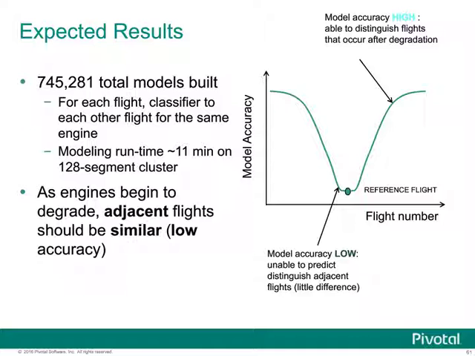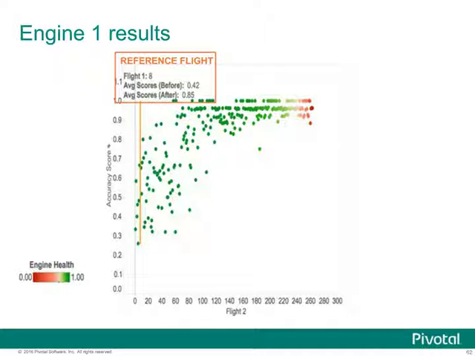When we did this on the actual data, let's take this particular example for engine 1. We built models where, again, on the y-axis here, we're looking at the accuracy score for the classifier, here for reference flight 8, as compared to all of its nearby flights and also the ones in the distant future. What we can see on the x-axis, again, are the flights.